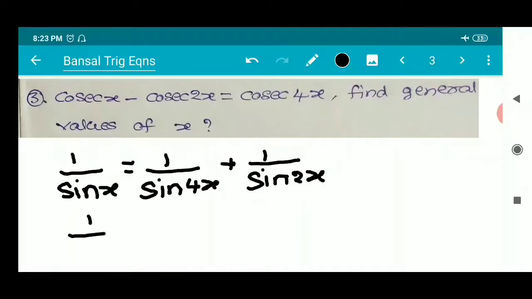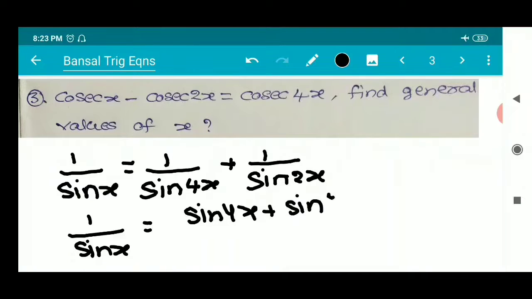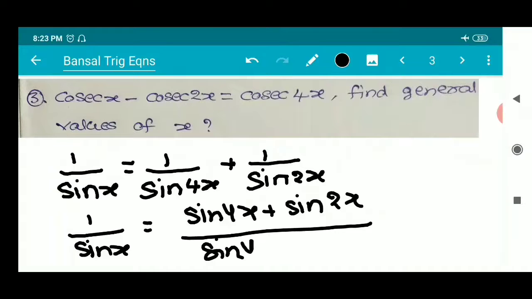Okay, so that is 1 by sin x equals sin 4x plus sin 2x by sin 4x into sin 2x.